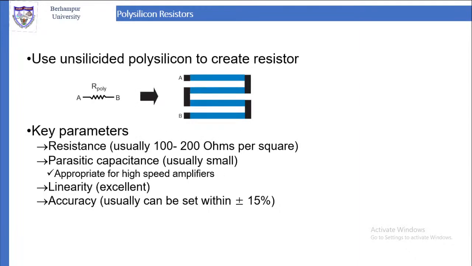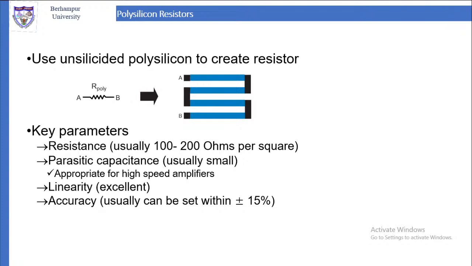Okay. And let us start with this polysilicon resistor that is used in these ICs. Use unsilicided polysilicon to create a resistor. When we design the circuit, we will use unsilicided polysilicon to create the resistor.